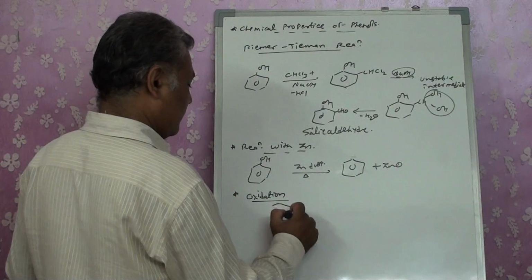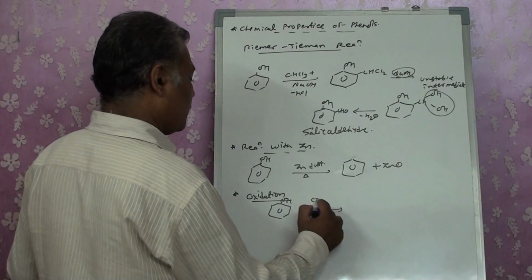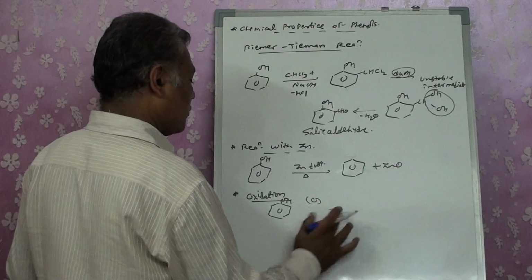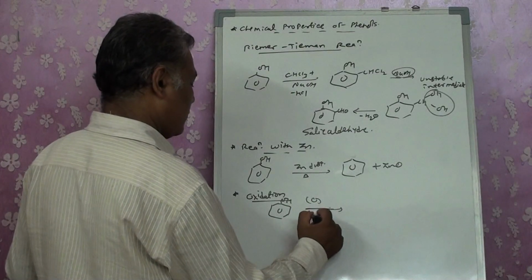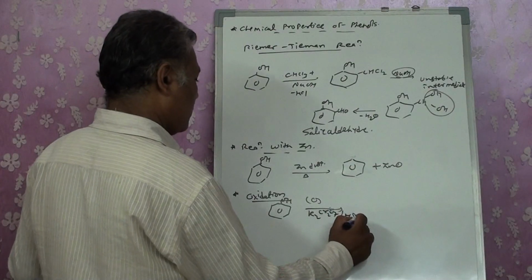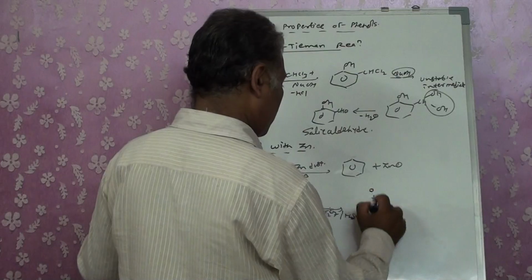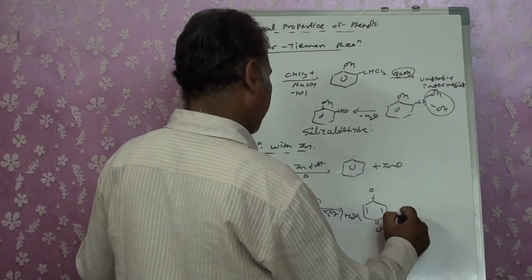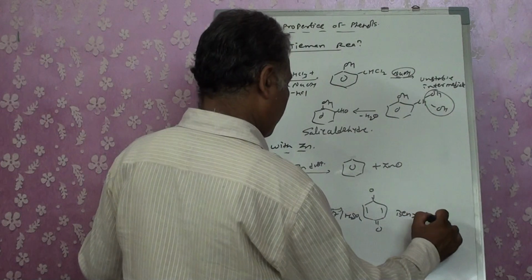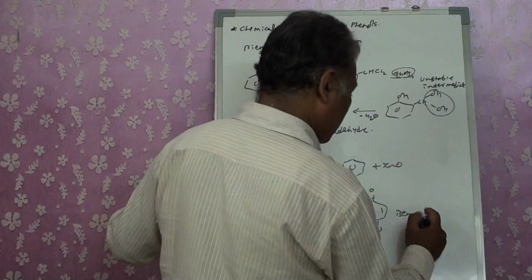Oxidation. When you are having phenol, oxidation, we know that we are going to do it with K2Cr2O7, and it gets converted into benzoquinone.